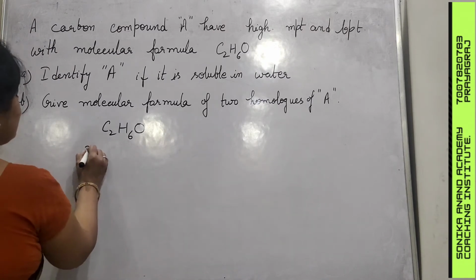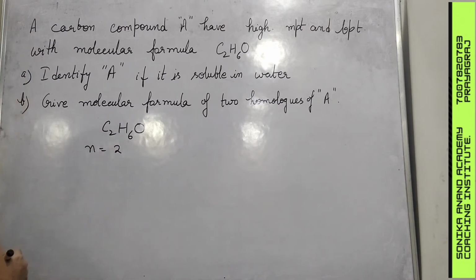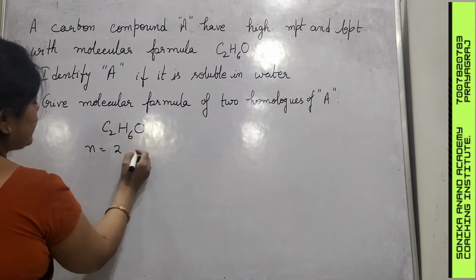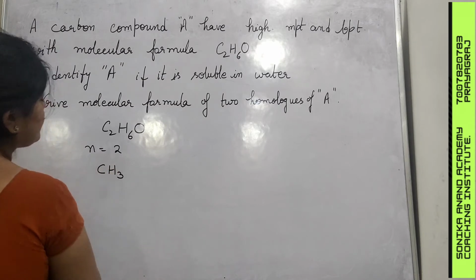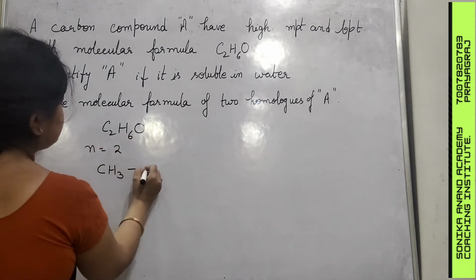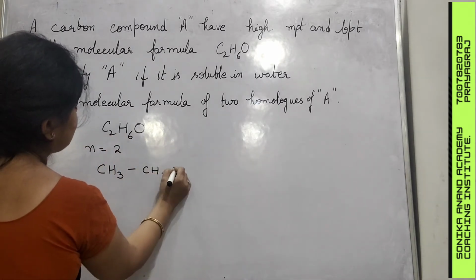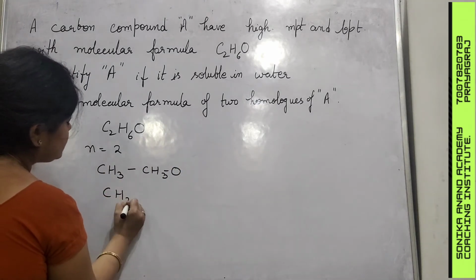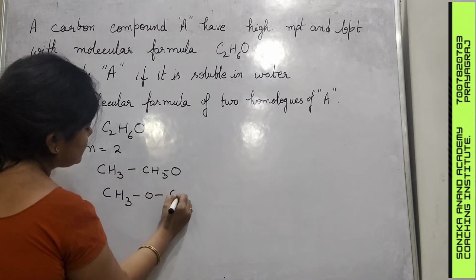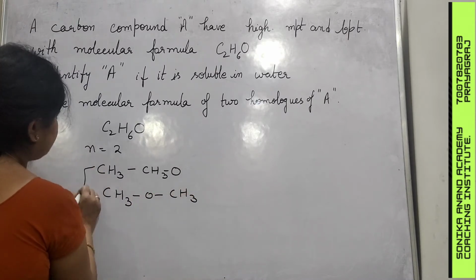Now here the number of carbon atoms is 2. So if we break it, it becomes CH3. Now here again CH3 and O is left over. Okay, so we can arrange in this way: CH3, O and CH3. So this is the first compound.